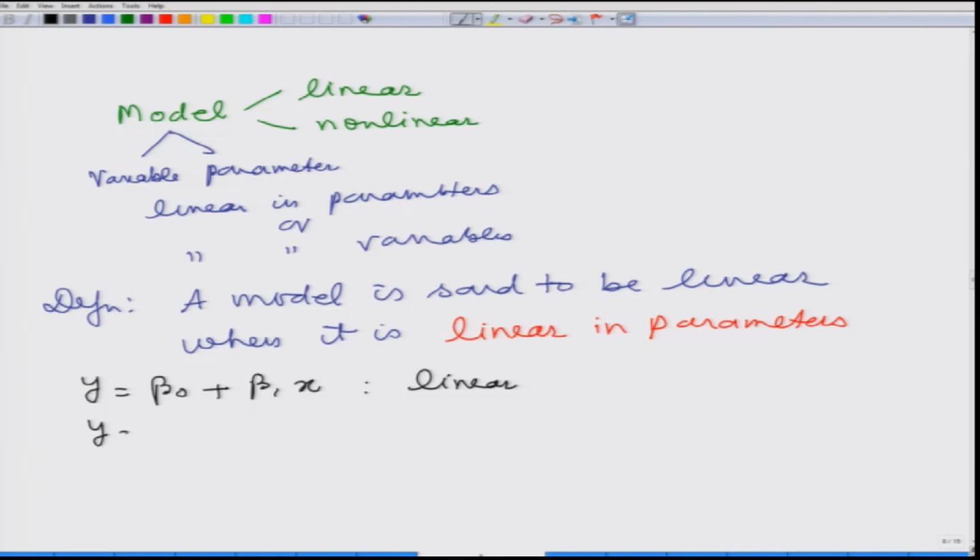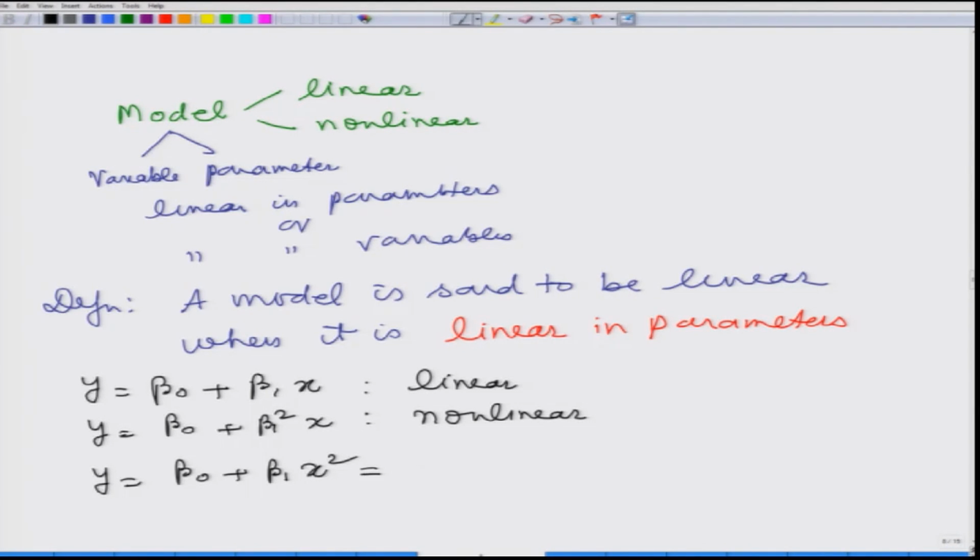Whereas if I take beta 0 plus beta 1 square x, you can see that although beta 0 has power 1, beta 1 is a square quantity, so this is a non-linear model. In another example, if I write beta 0 plus beta 1 x square, then it is very simple.